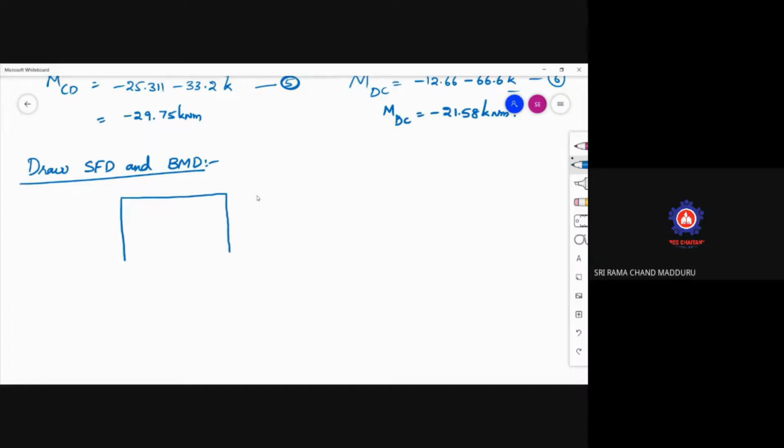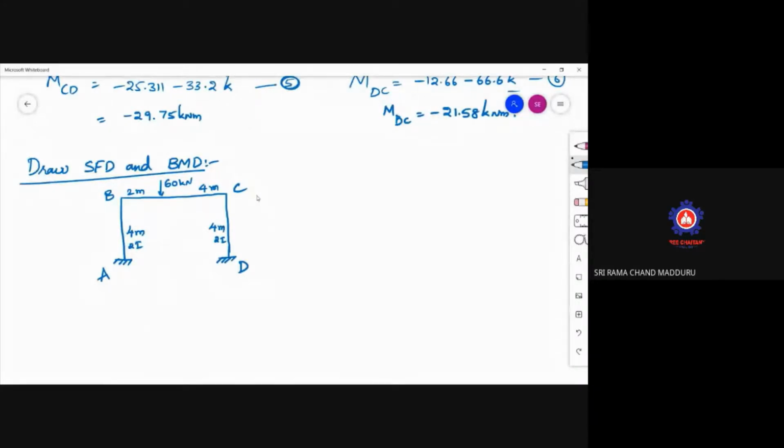The given portal frame is like this. Four meters, this is 2I. 4 meters, this is 2I. A load of 60 kilonewtons is acting. This is 2 meters, this is 4 meters. A, B, C, D.